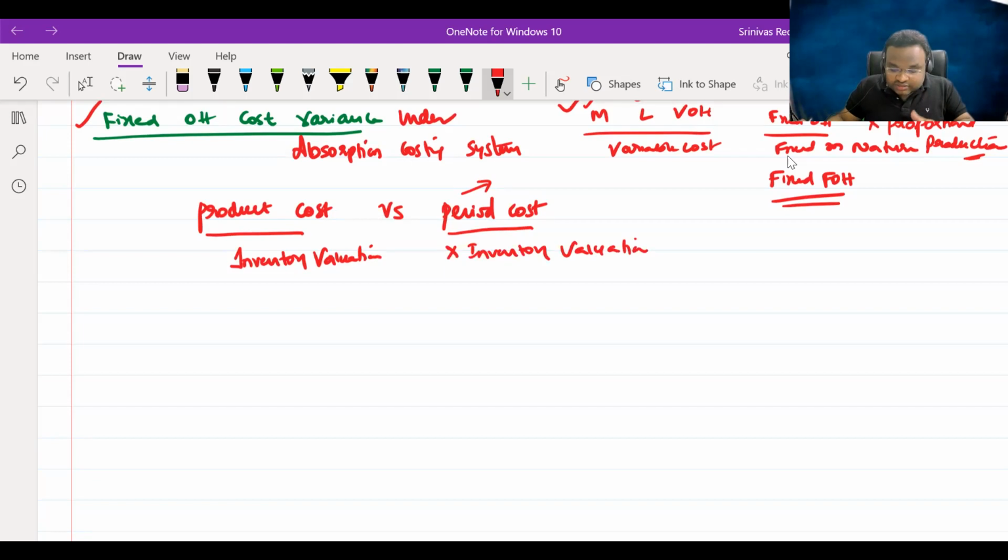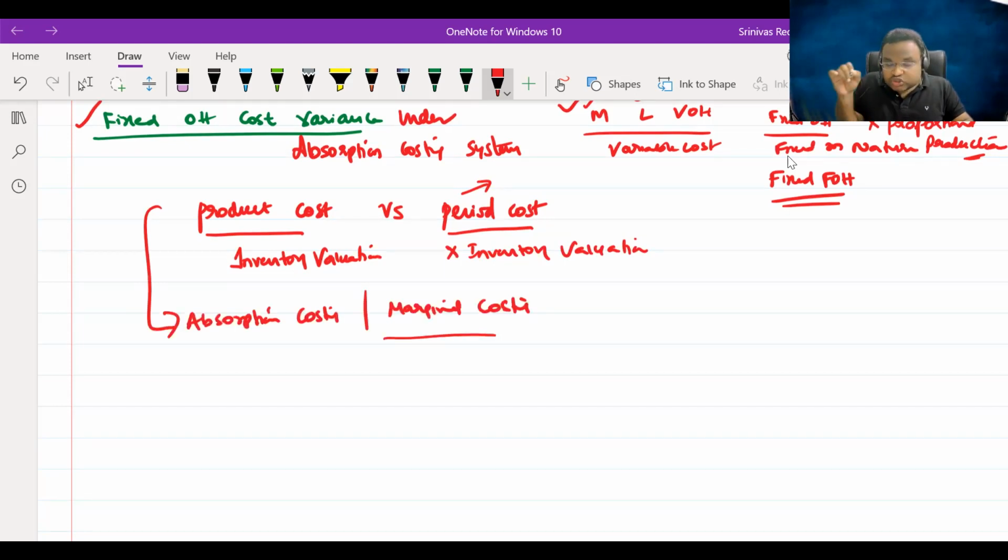So why are you saying this, sir? The reason is that the product cost under absorption costing is different from the product cost under marginal costing. Because this topic is also relevant in our marginal costing chapter, I'm giving the basic information here and we'll discuss it in detail under marginal costing.